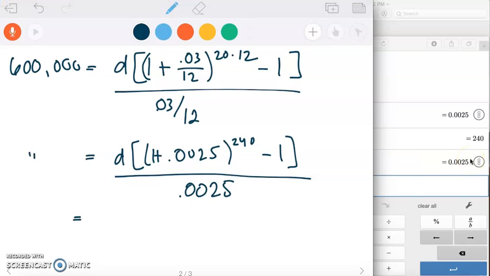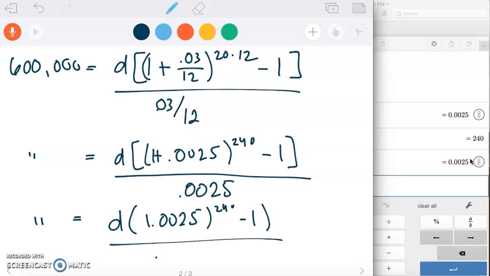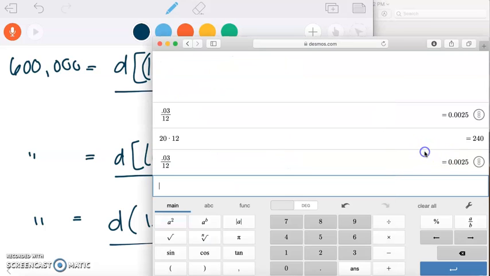All right, so let's go ahead and keep reducing this. I'm just going to write that for now. So we have D times 1.0025 to the 240th power minus 1. So when we do that in the calculator, we're going to do 1.0025 to the 240.